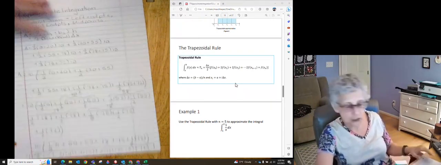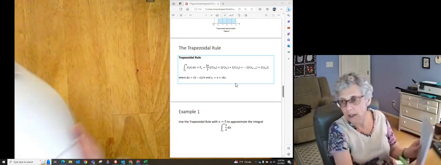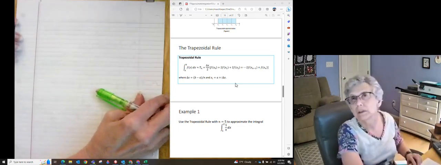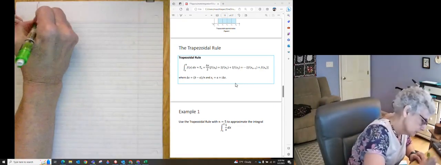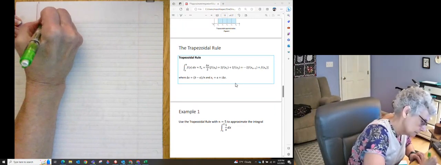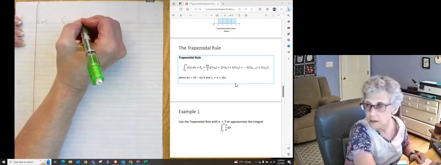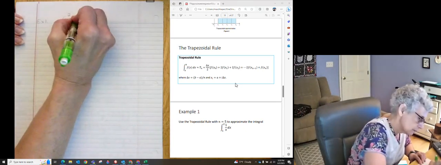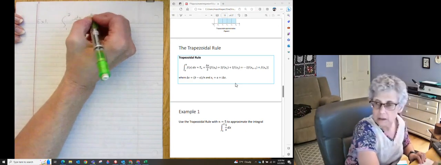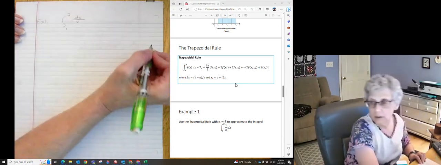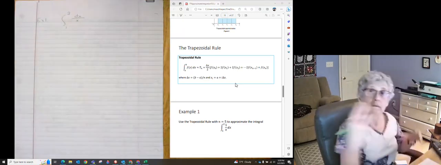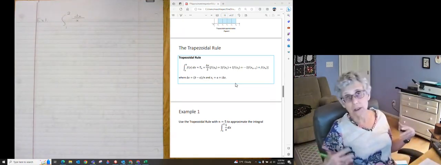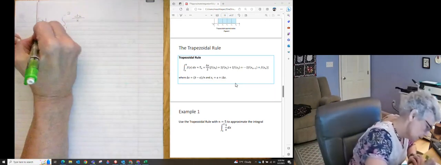Okay, so let's do example 1. We'll use the trapezoid rule to approximate this integral, even though we know how to do this integral. This is one we could calculate. So we're going to go from 1 to 2 of dx over x. So find your delta x just like you did when you were doing Riemann sums.